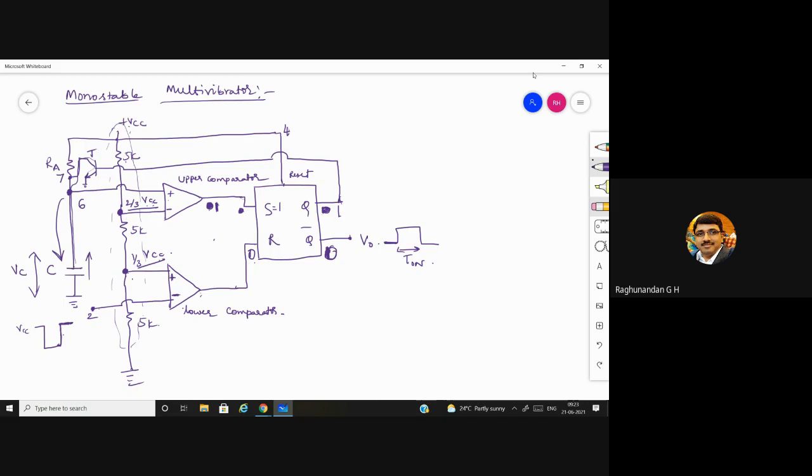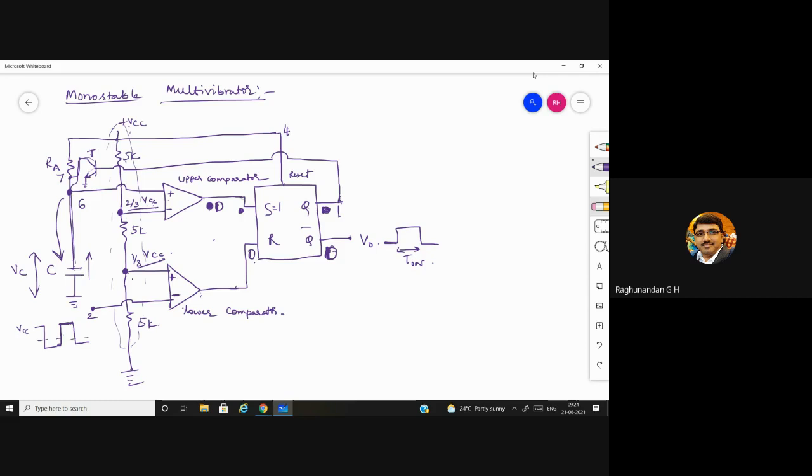When the voltage across this capacitor becomes lesser than the voltage across the inverting terminal of the upper comparator, again the upper comparator output goes to 0. At the same time, the triggering pulse signal goes to a lesser value, lesser than 1/3 VCC.